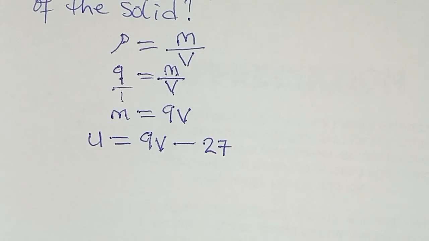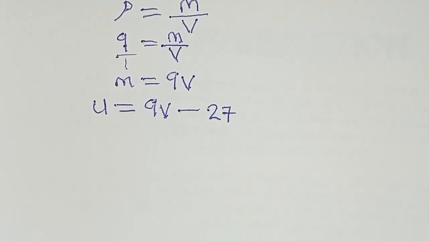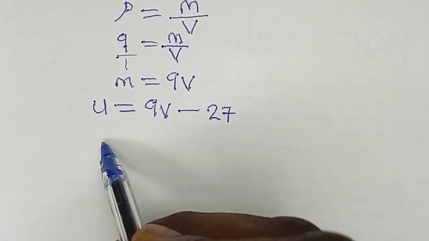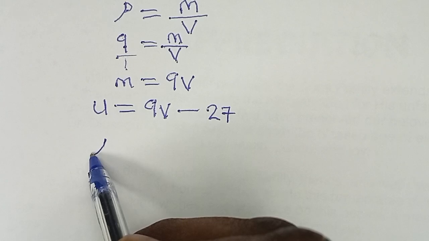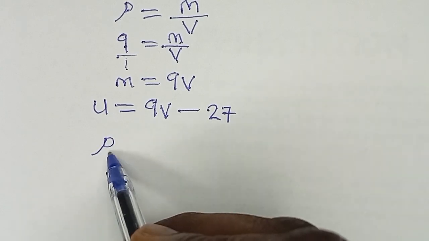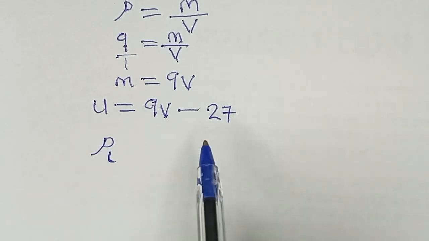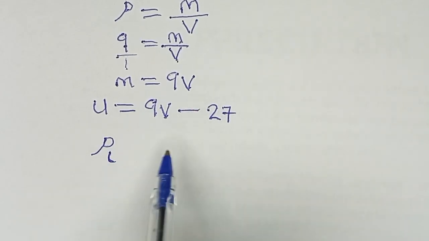9v minus 27. Now, let me give you a very important formula under density and upthrust. If you are not taking anything home, take this formula home, because students usually find this topic very challenging.